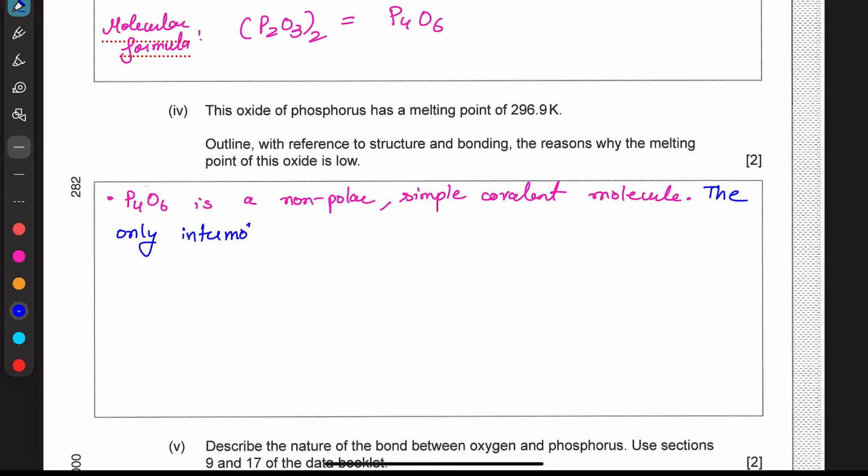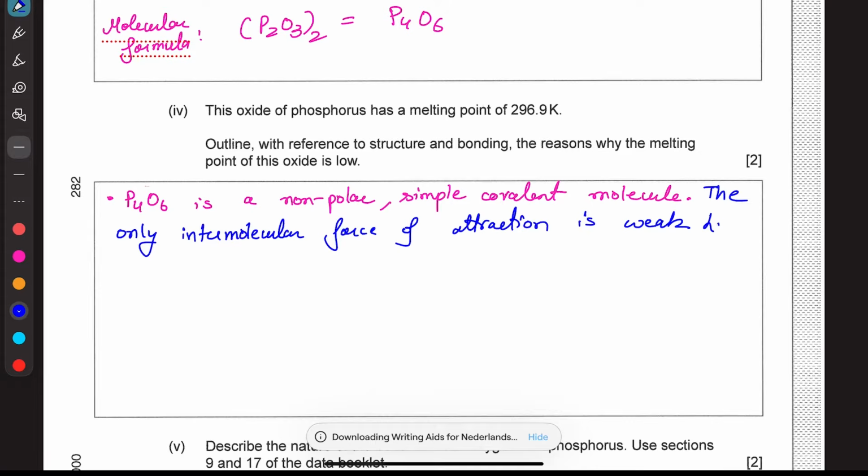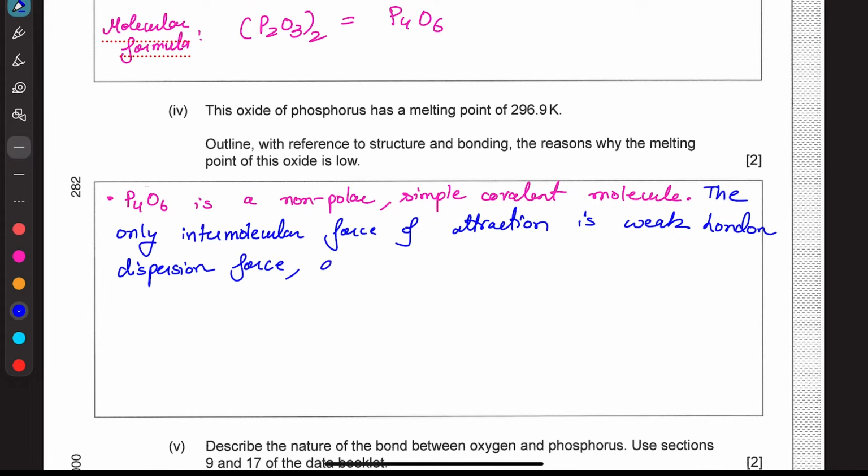The only intermolecular force of attraction is weak London dispersion forces, and hence the melting point is low. Done.